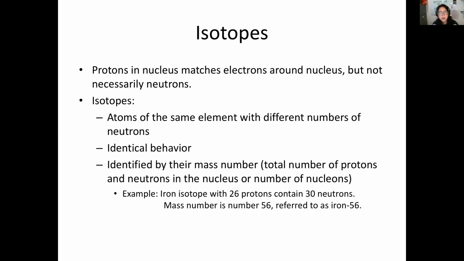If you have 29 neutrons, the mass number is 55. If you have 31 neutrons and 26 protons, it's still iron, but the mass number will be 57.